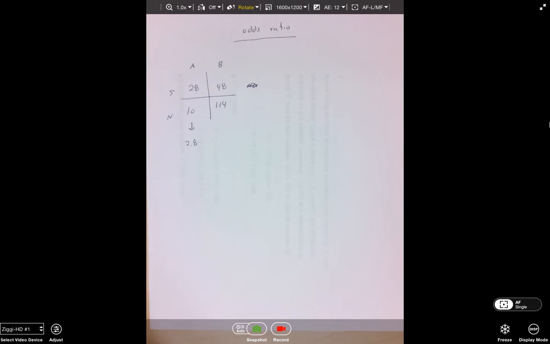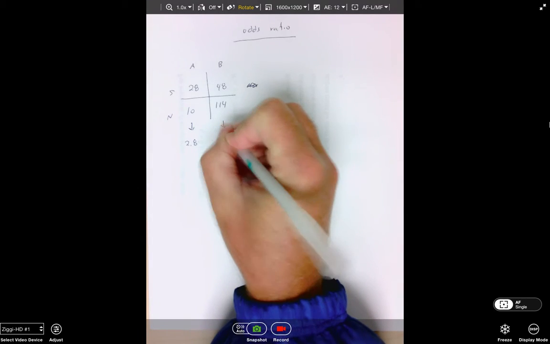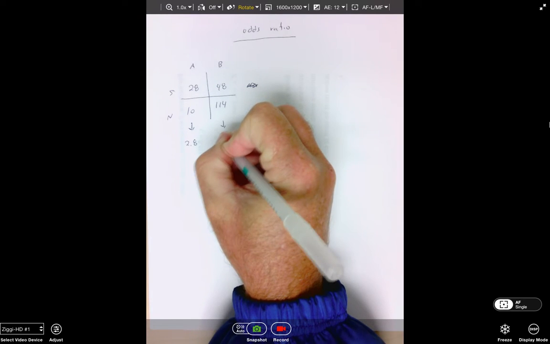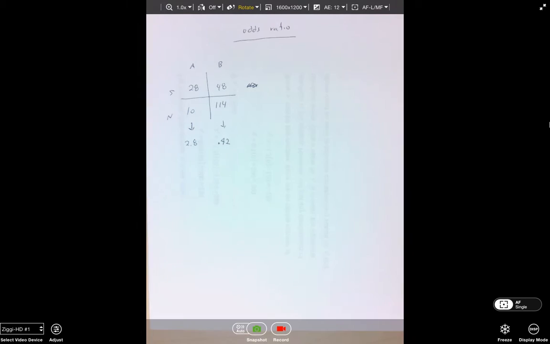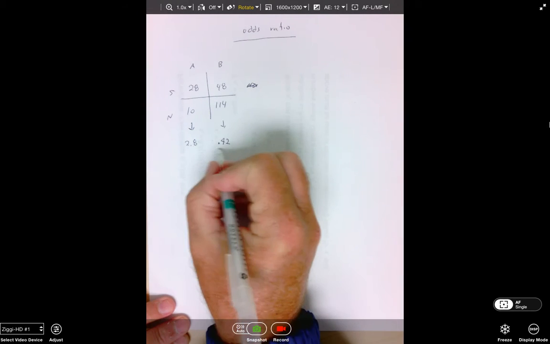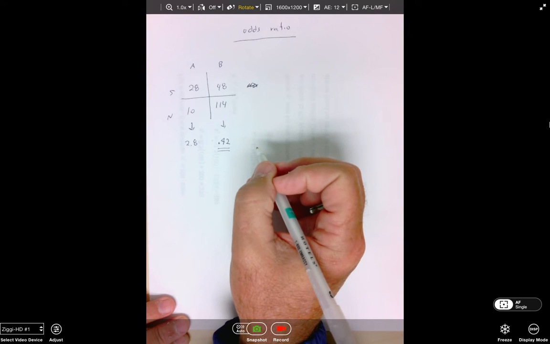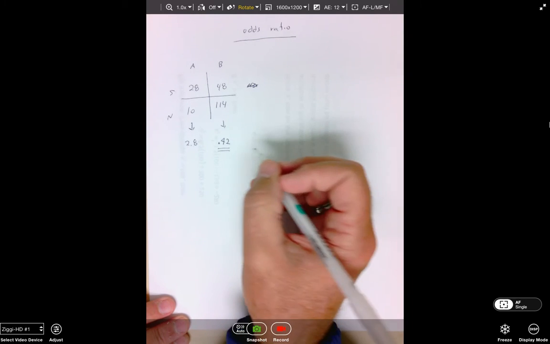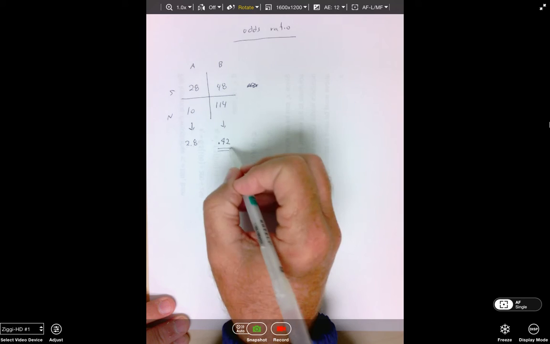Professor B doesn't fare quite as well. In fact, it's kind of almost a pathetic success rate of 0.42. To me, odds are more difficult to interpret when they're less than 1.